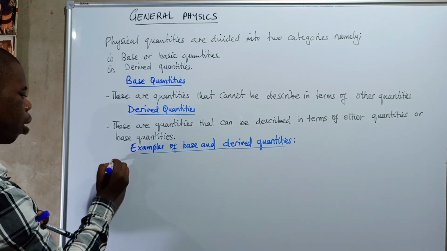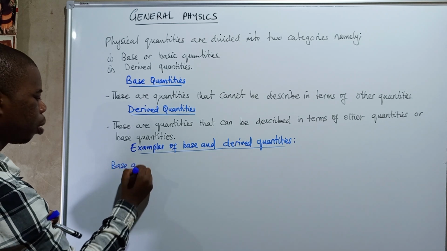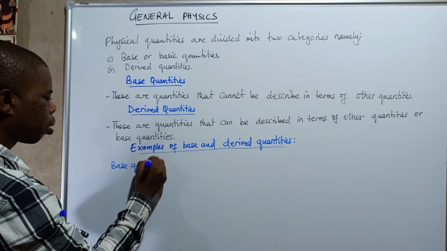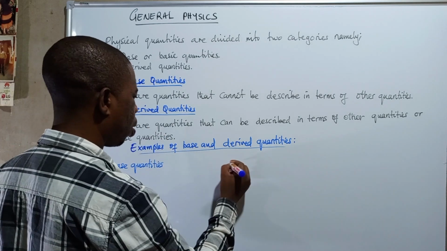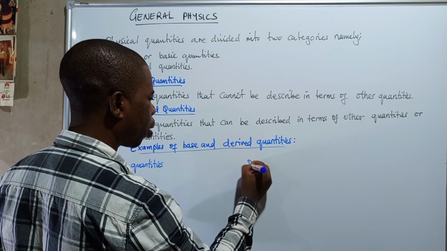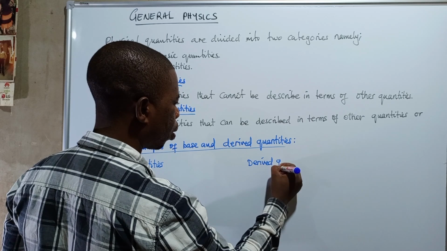Here I have base quantities, then here I have derived quantities.